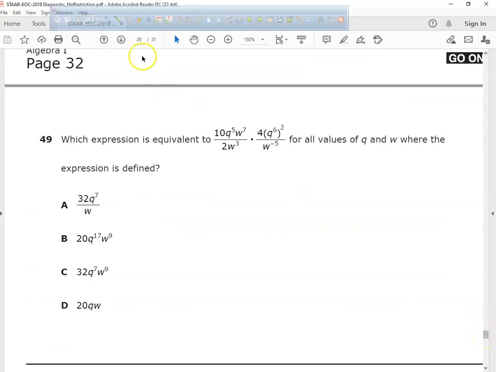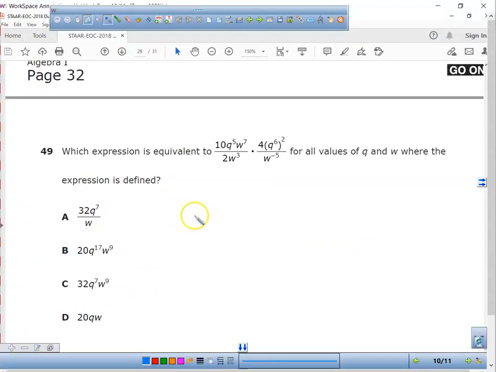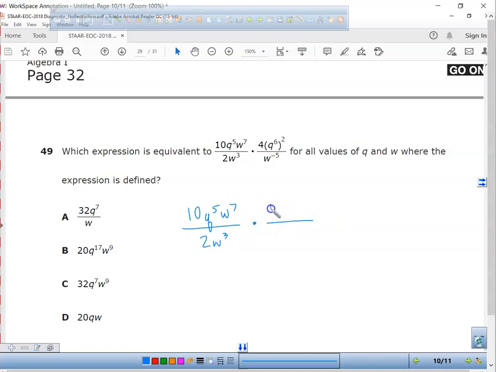All right, number 49. Just write this one down with me, and we'll take care of it. It won't take long at all. There we go.